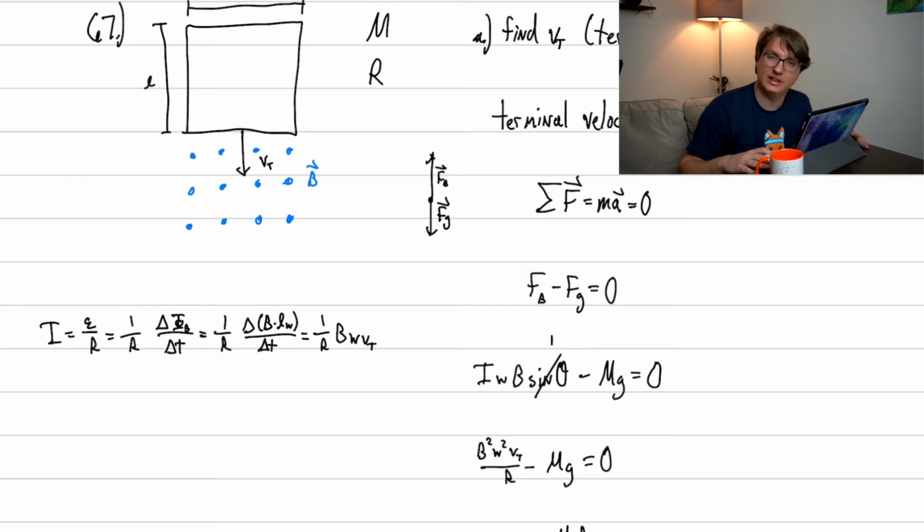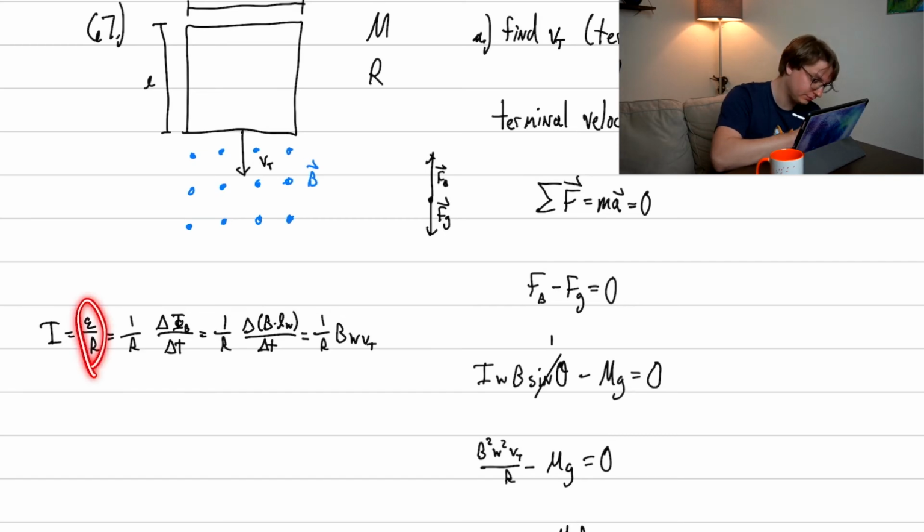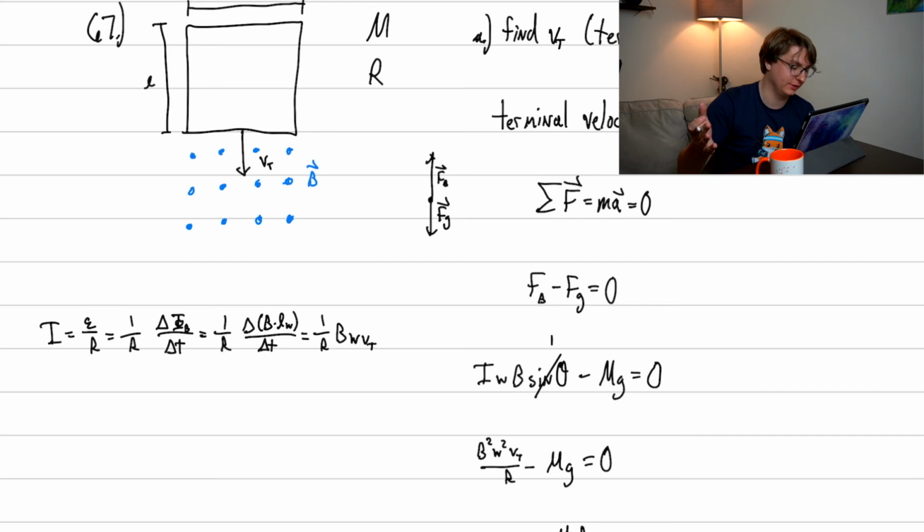But how do we figure out how much current is going through? Presumably they've given us the width and the magnetic field, but who knows? How do you get the current? Okay, we're going to do a little bit of work over here. We can write V equals IR, and separate out I to the other side by dividing by R. So we want to find this voltage, this electromotive force, or it's just voltage.